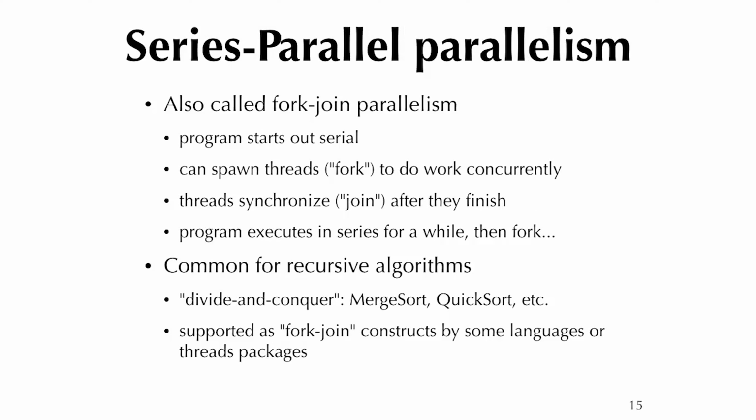Now, series parallel or fork join parallelism, I talked about it. Basically, you run serially for a while, then you fork threads, or informally you spawn threads, so you can run things concurrently, hopefully in parallel, if you have the right execution structure. Then you join them, they come back to serial, and you keep going for a while. This can be done recursively as well, and so it's common for divide and conquer problems.